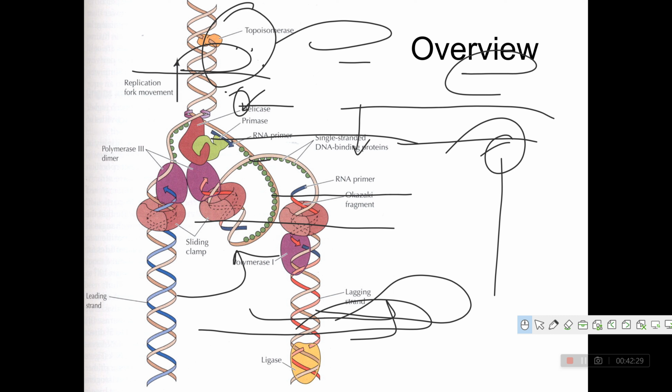After that helicase comes and breaks the hydrogen bonds. Primase comes, then the RNA primer is synthesized. After that SSB comes and binds with the single stranded DNA. Polymerase binds with the RNA primer, DNA polymerase 3, then synthesis of DNA takes place. Right?